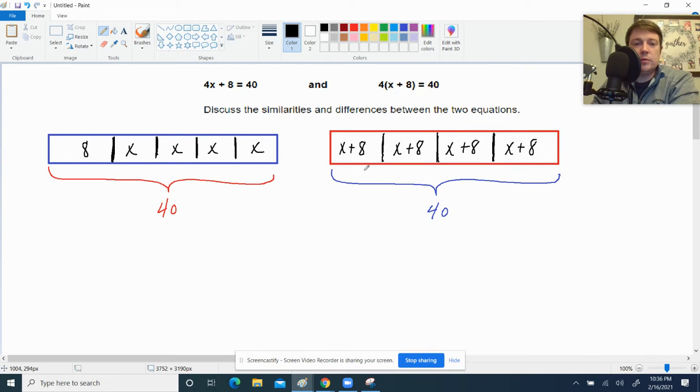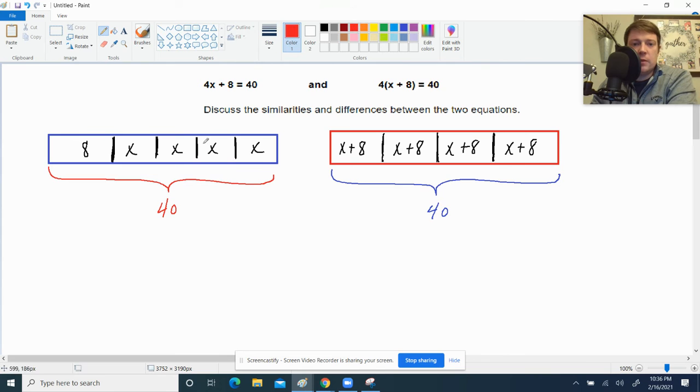So 4 of those. So you can see the difference in the tape diagrams. That kind of helps you see how these two equations are different. And the big thing for this lesson is being able to find what the x is equal to for these equations, reasoning through it with the tape diagram, not necessarily having a strategy where we show work, but just reasoning through it.